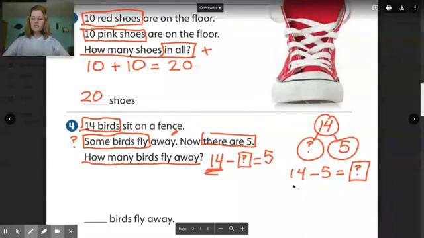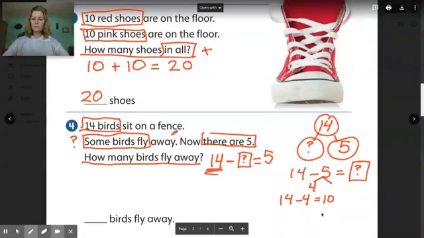So 14 minus 5, I know that if I take away 4, I will be at 10, because 14 minus 4 equals 10. We've done this before.